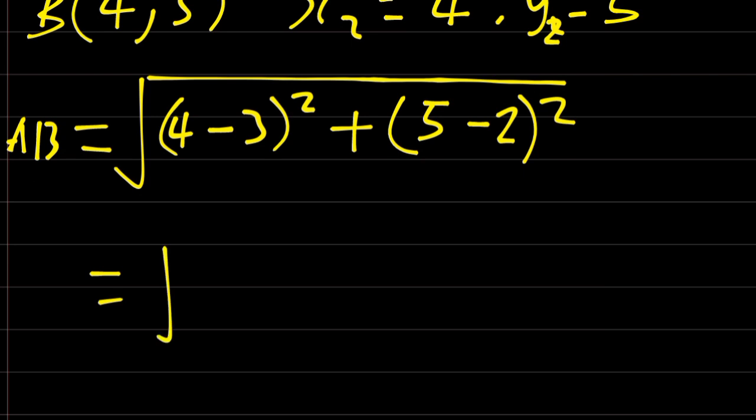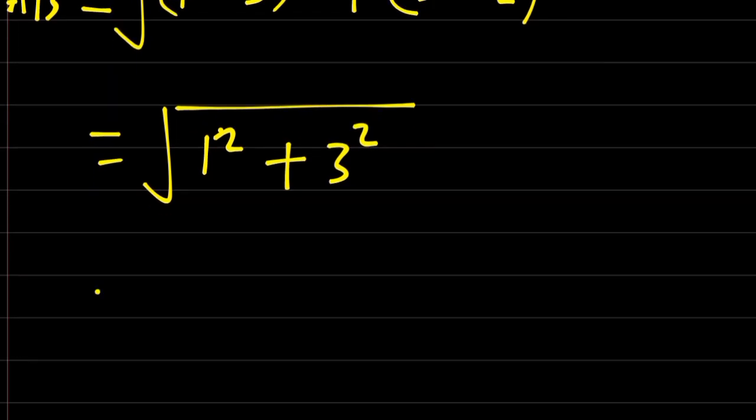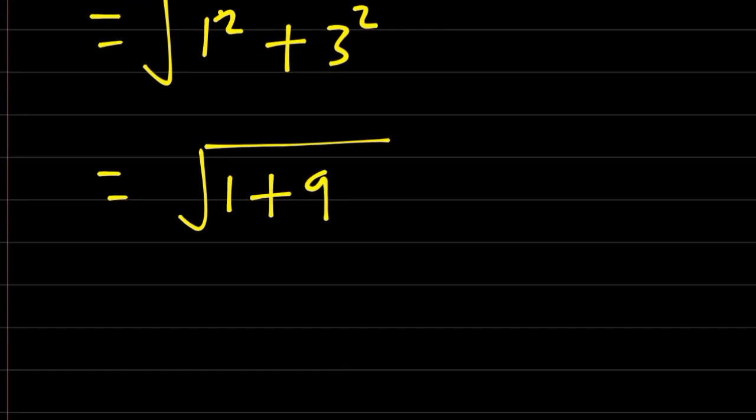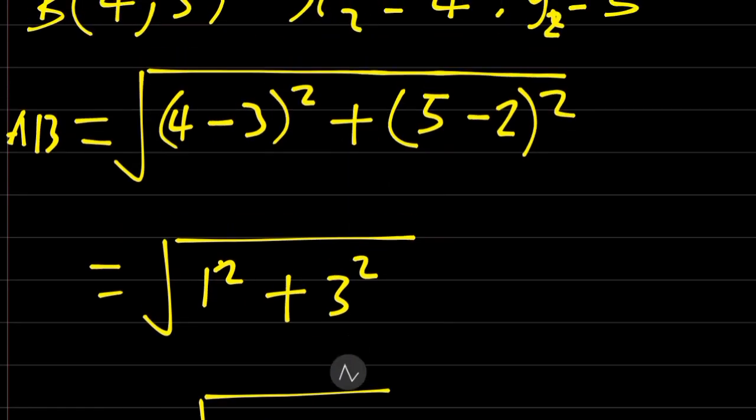Therefore, we have the square root of 4 minus 3 is 1 squared, then plus 5 minus 2, that is 3 squared. Therefore, we have the square root of 1 plus 3 times 3 is 9. So this is the square root of 10. Let's go to the next subtopic.